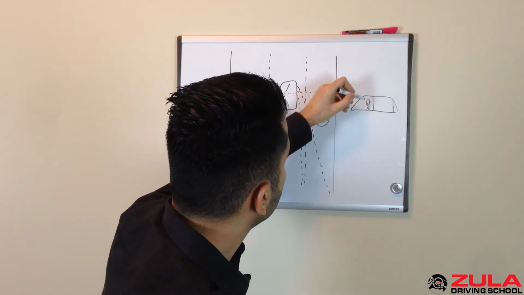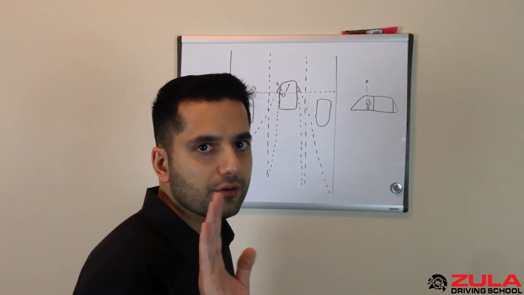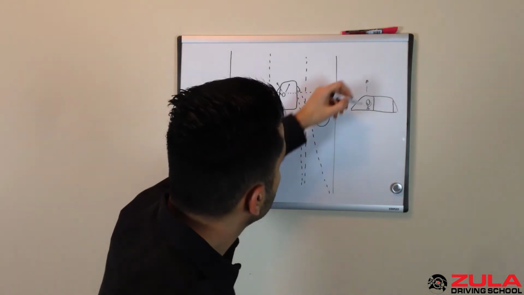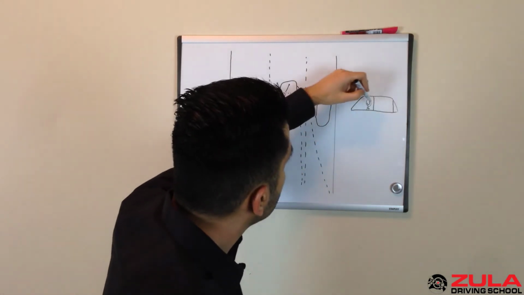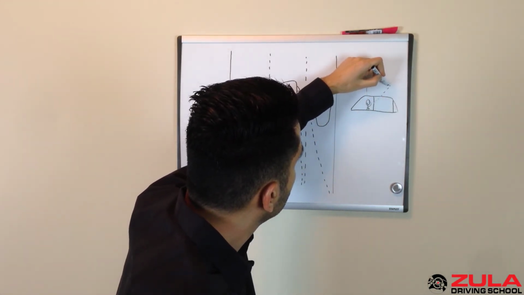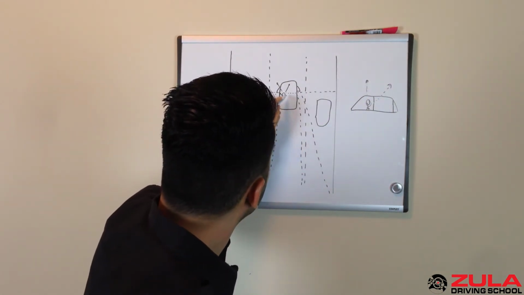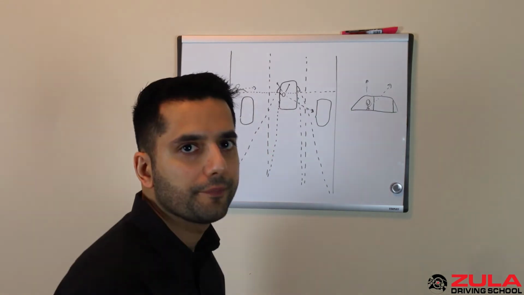If you look out this window here, like I said, you're only going to see what's happening here. But if you actually turn your head around and look out that back window there, you will now be able to see this car here.